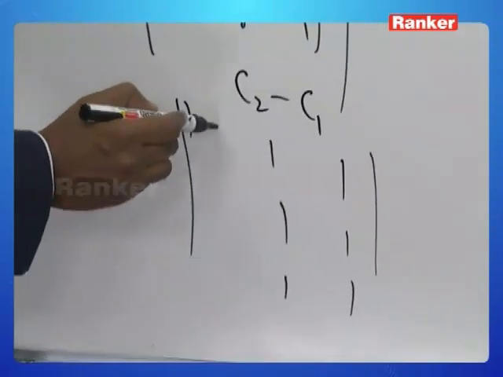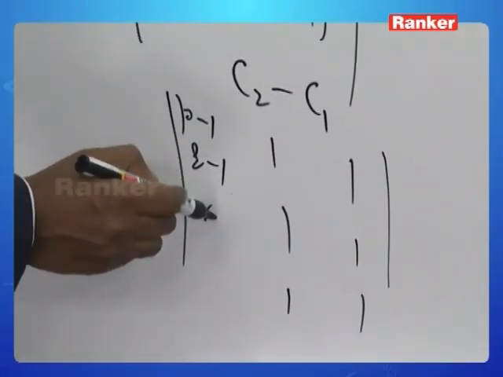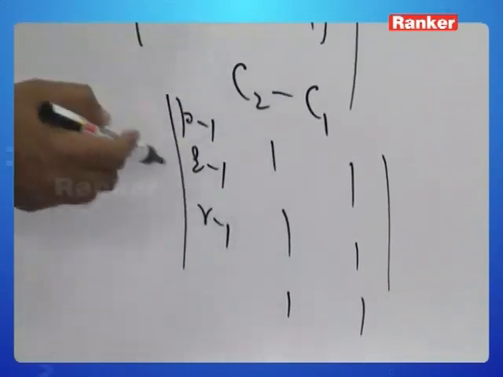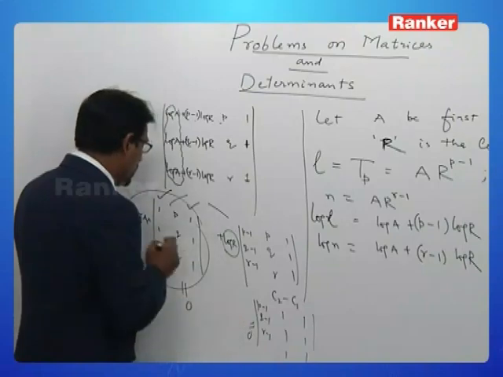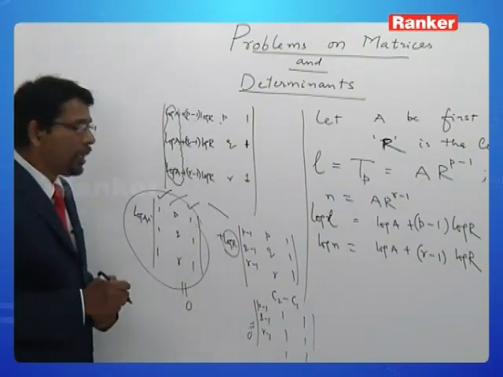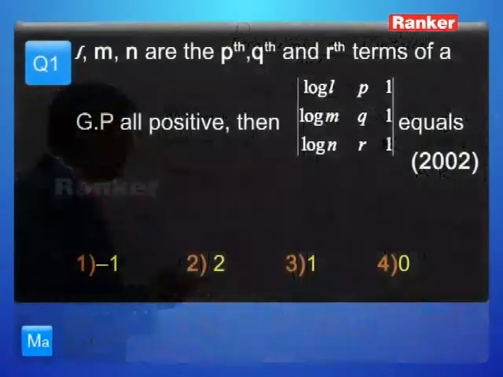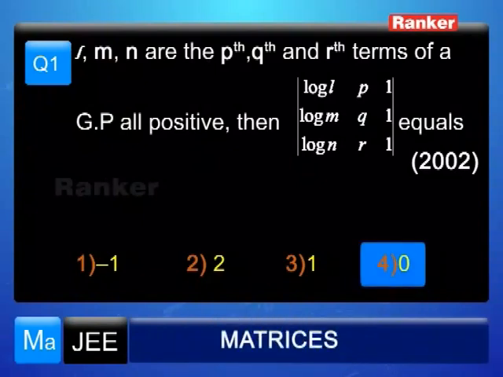Which means that this determinant also becomes 0. Log R into 0, log A into 0, the entire determinant is equal to 0. Therefore, the right option is 4.